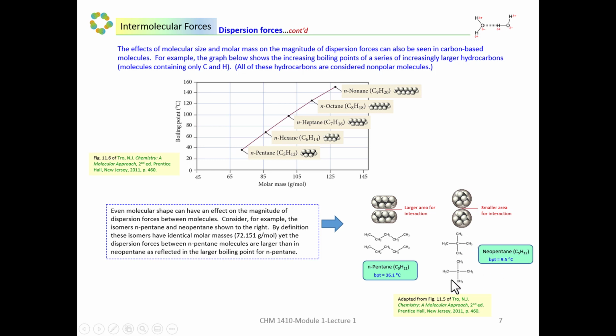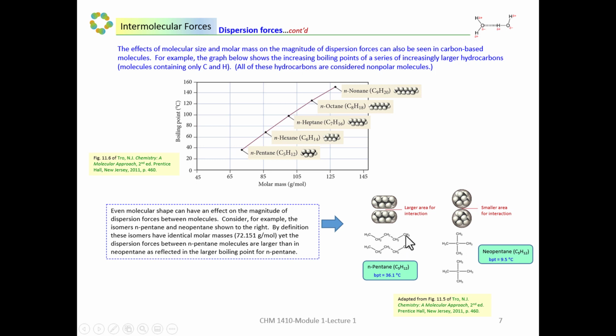For n-pentane, the carbon chain is kind of stretched out, even though it has this zigzag pattern. And so here we have 2 n-pentanes sitting next to each other. Above here, we have the 2 n-pentanes, their space-filling models sitting next to each other. Now you can criticize my model here because my space-filling model is not as long as my Lewis structure model.